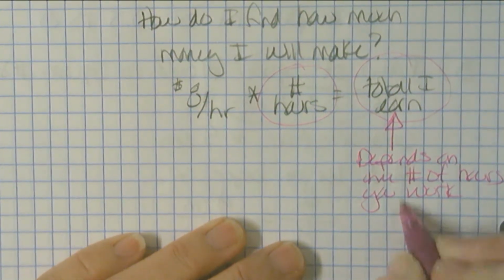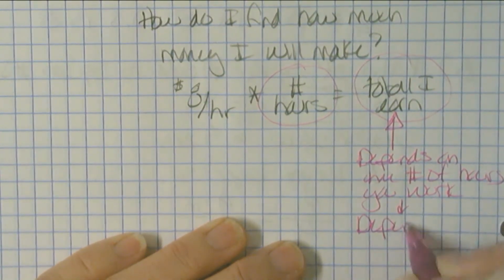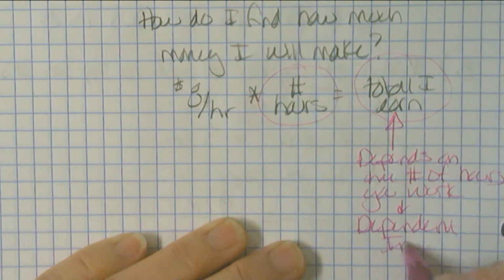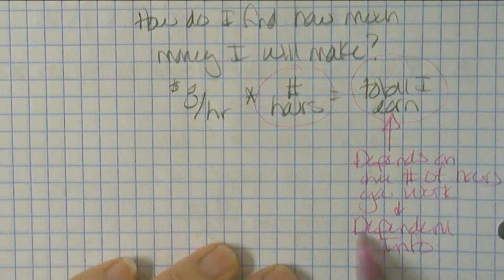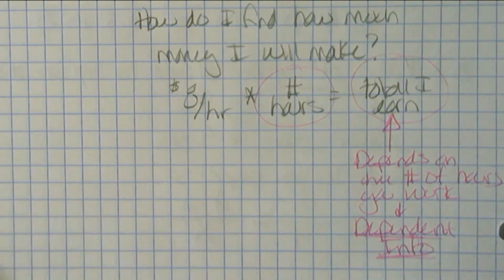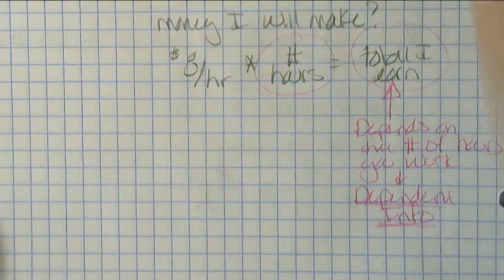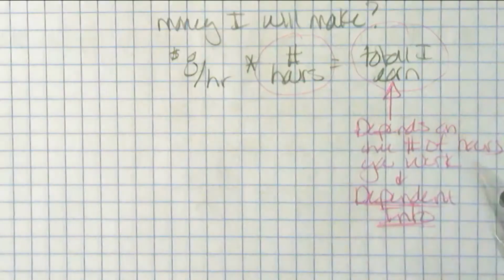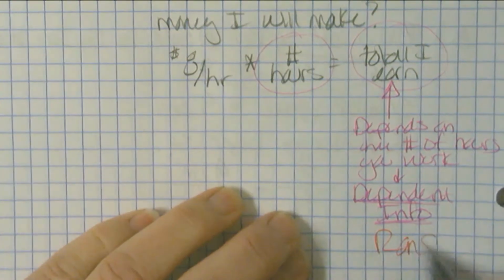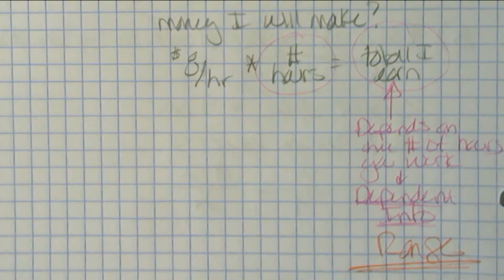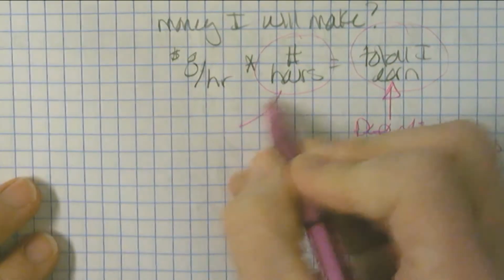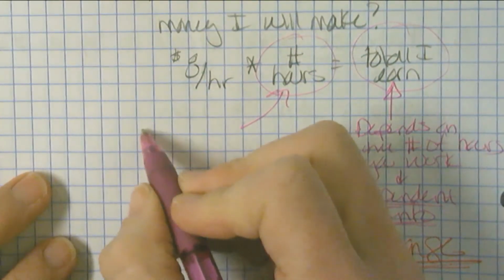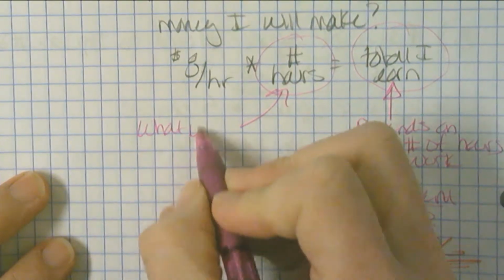So this is your dependent info. Is that our domain or is that our range? Serena? That's our range. Which means that our number of hours, this is what we change.